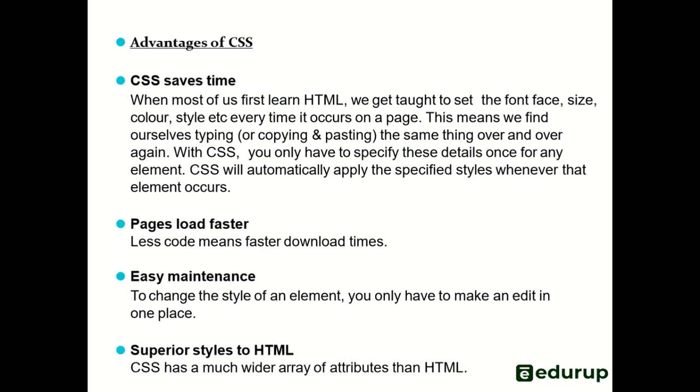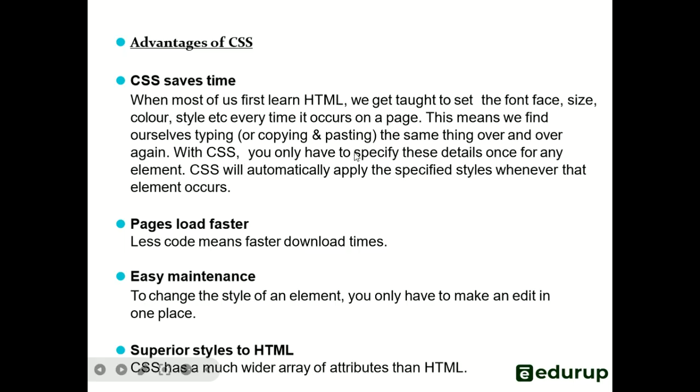The next question: what are the advantages of CSS? We need to know. CSS always saves time. When most of us first learn HTML, we are taught to set the font size, color, style, etc. every time it occurs on a page. This means we find ourselves typing or copying and pasting the same thing over and over again.